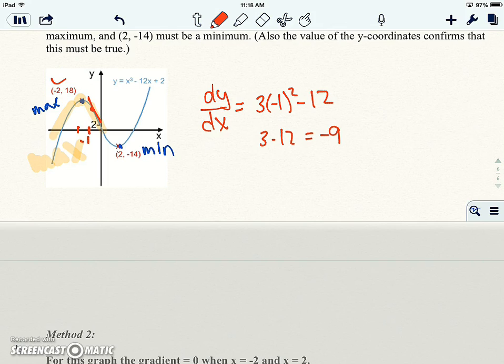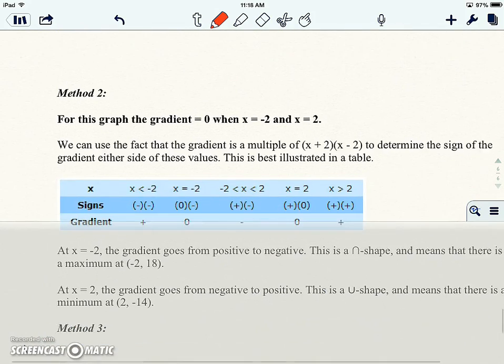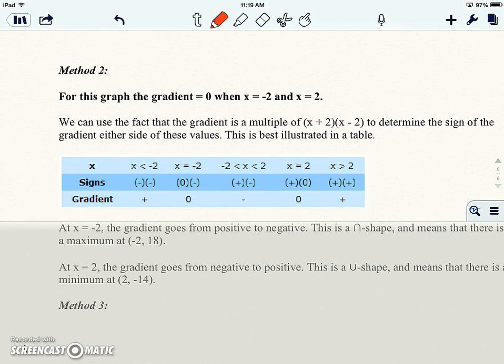If I plugged in negative 3, maybe over here, that would be 3 times 9 minus 12. We would get a slope of 15, which we can see would be positive. So what we realized is that anything to the left of negative 2 would be positive.